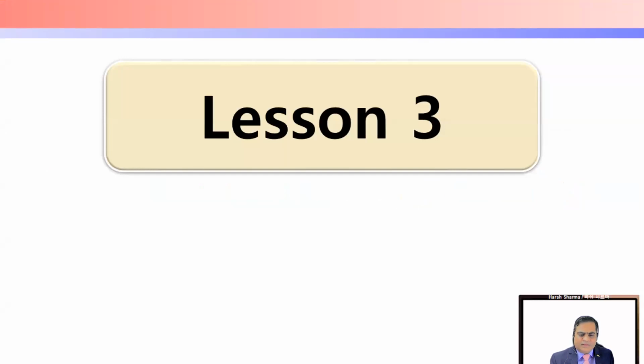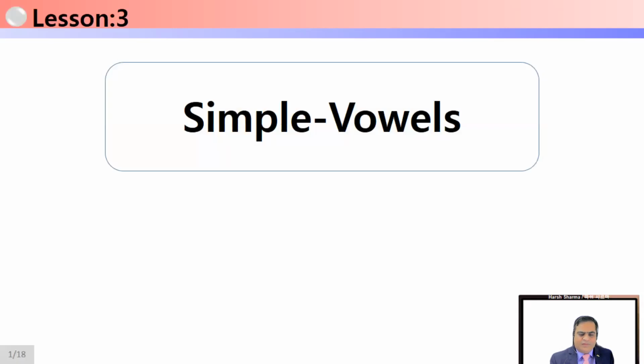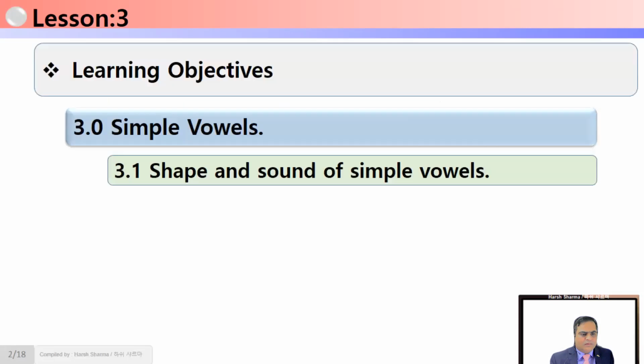Lesson 3 is the first step to learn the Korean alphabet, and we are starting our journey from simple vowels. In this lesson 3, we will learn the shape and sound of simple vowels.